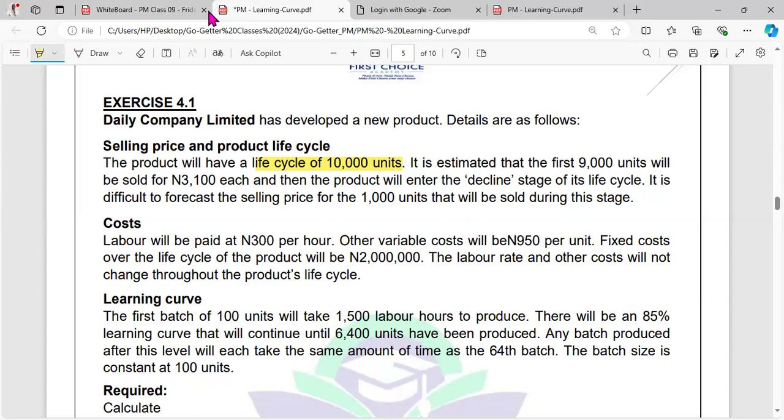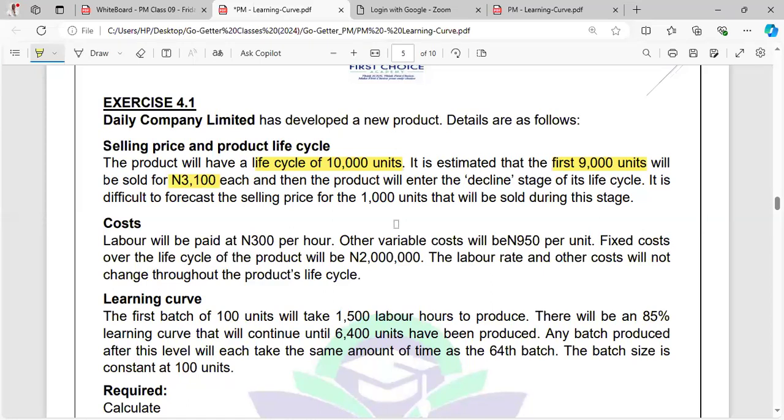It is estimated that the first 9,000 units, that means when X is from 1 unit up to 9,000 units, will be sold for 3,100. So this is the selling price for each of the products.